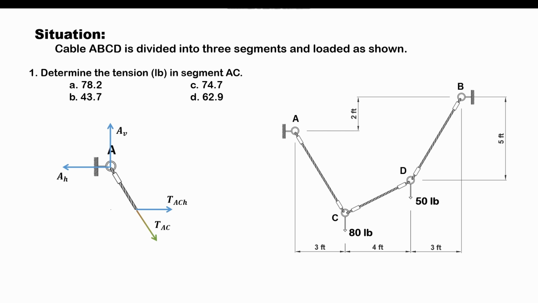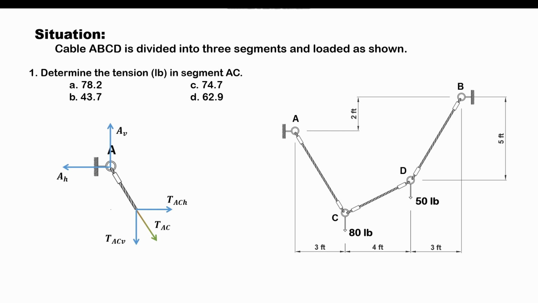Again, notations that have a subscript of H pertain to horizontal components. Likewise, we also have the vertical component, which I denote as TACV. Notations with a subscript of V pertain to vertical components.